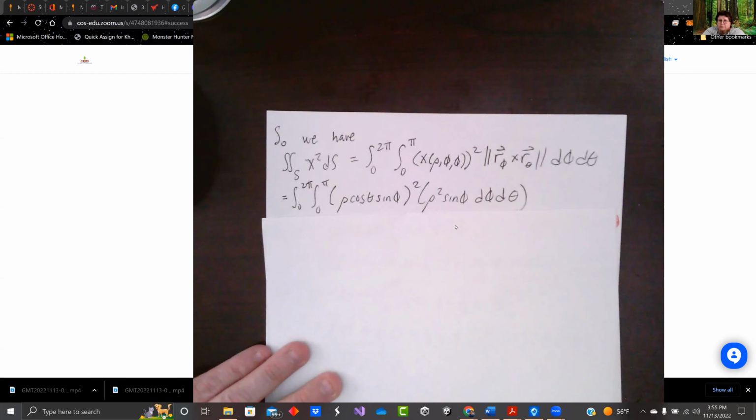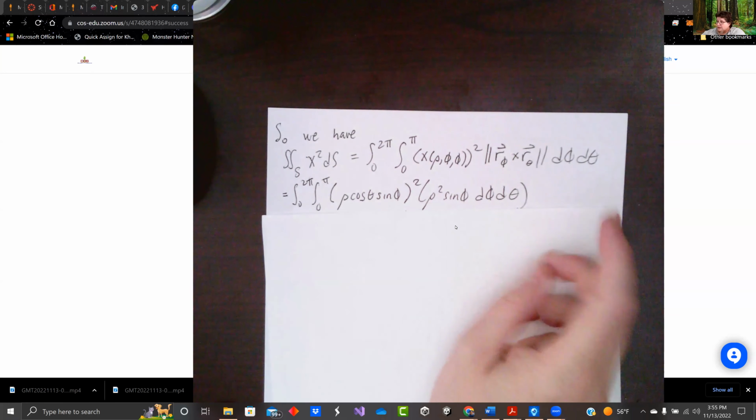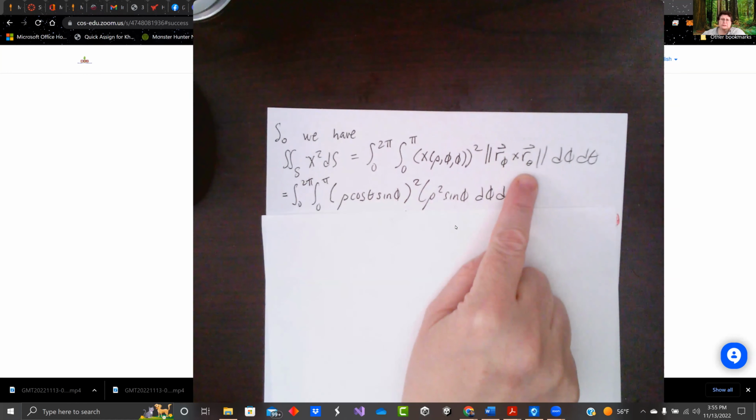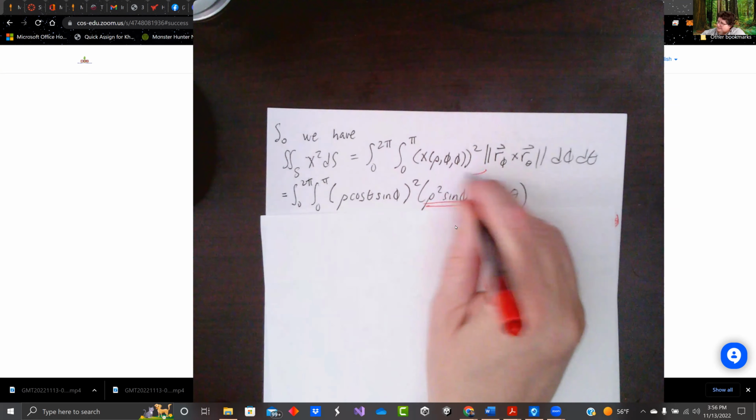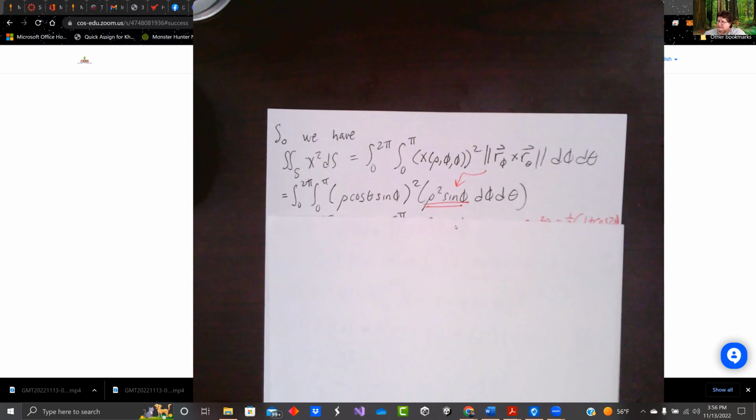We are doing phi and theta, so it's 0 to 2 pi and 0 to pi. x squared is going to be x as a function of rho, phi, and theta. And then we've got our correction factor. So I replace x with its value, rho cosine theta sine phi. We square it. We've got our correction factor right here. We just calculated this. That's that. And d phi d theta.